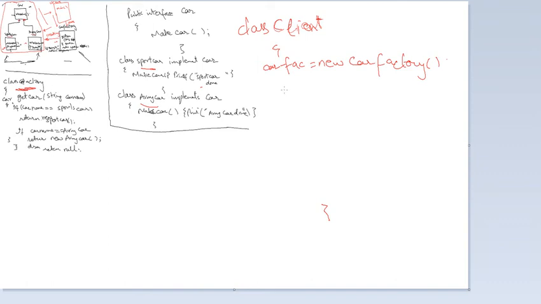So then we will use car underscore factory dot get car, this function from the car factory, and we will pass here a string called sports car.